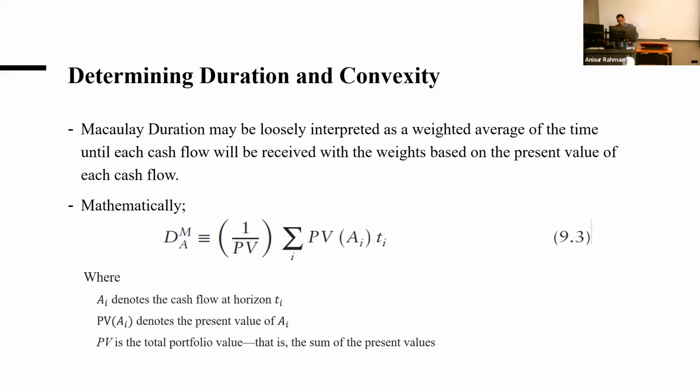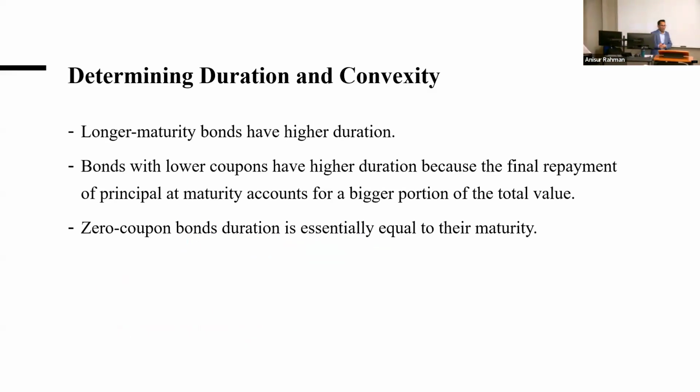So longer maturity bonds have higher duration, and intuitively it should make sense to you, because duration is just the technical aspect of maturity, right? When we say maturity, we do not think about whether we are receiving cash flow partially over time, right? We ignore this aspect, right?